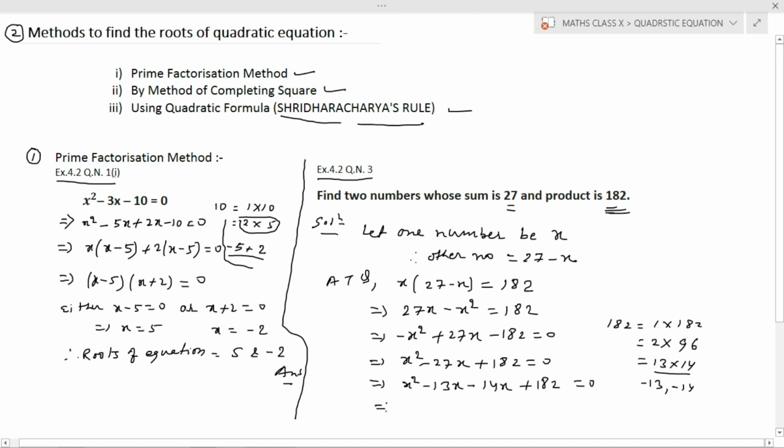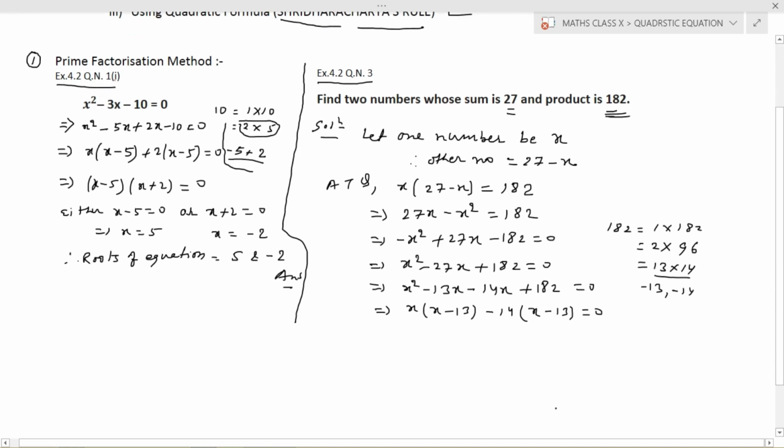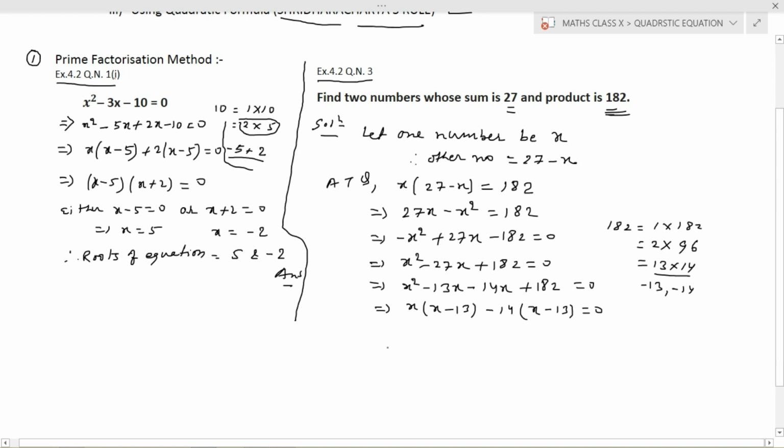If we take common from the first two terms, x will be common, so x into x minus 13. From the other two, we take minus 14 common, so minus 14 into x minus 13, equal to 0. Again we find x minus 13 in both terms, so take x minus 13 common.